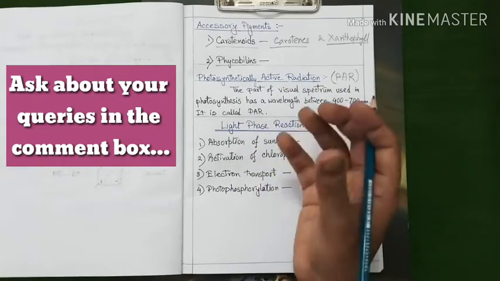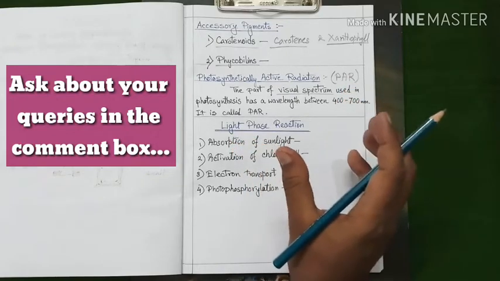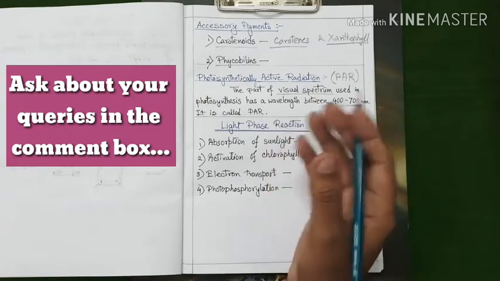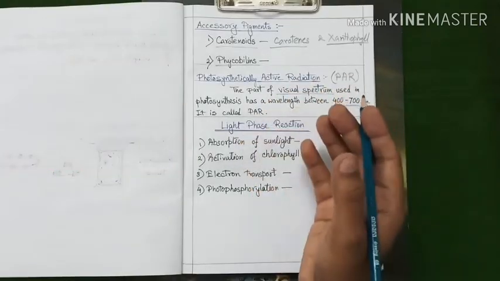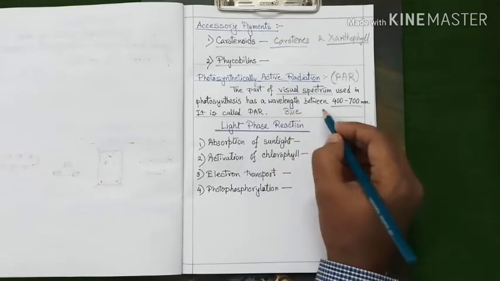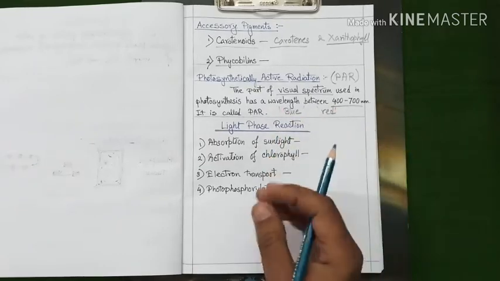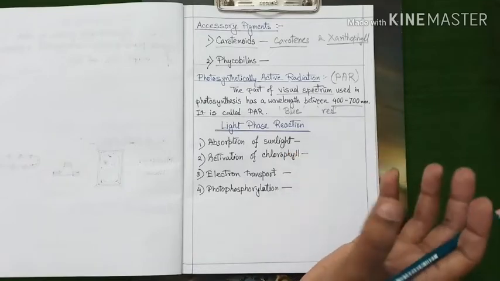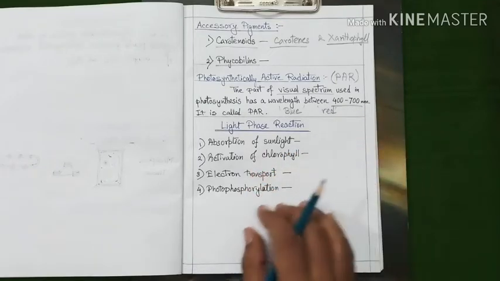So, plants can absorb the light that falls within our visual spectrum, from 400 to 700 nanometer range. And green plants can photosynthesize at their best in the presence of blue and red light respectively. So thus, plants can photosynthesize within the range of our visual spectrum light range.